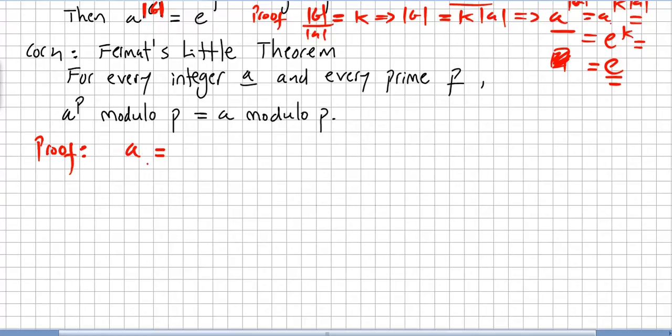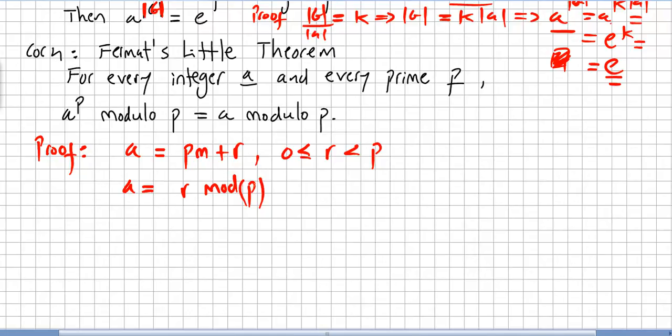We take again the division algorithm. We are going to say that a equals pm plus r. Okay? So r has to be a non-negative number and of course less than p. Okay? So a equals r modulo p, right?